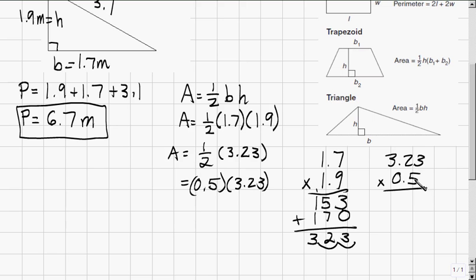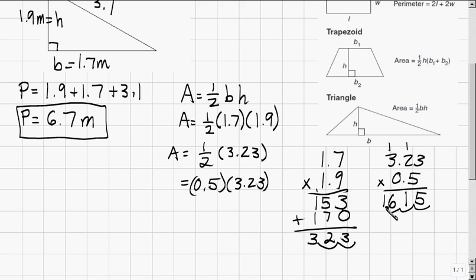Again, we're about to multiply 5 by 3.23 and then move the decimal points. So 5 times 3 is 15, carry the 1. 5 times 2 is 10, plus 1 is 11, carry the 1. 5 times 3 is 15, plus 1 more is 16. Since we have three numbers behind the decimal point totally, our imaginary decimal point will move 3 times. 1, 2, 3.